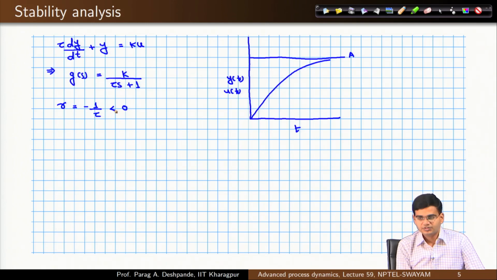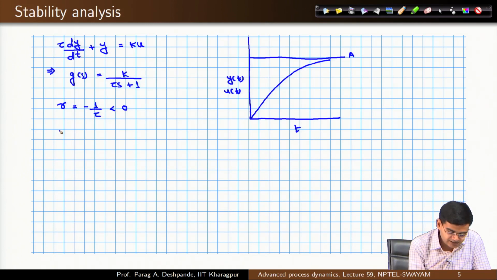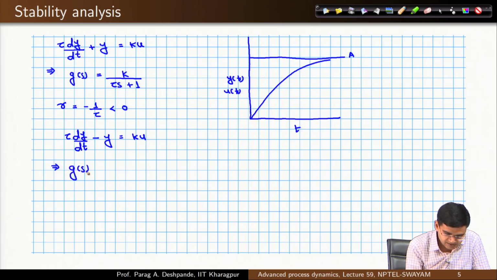I encourage you to find this out, that for an equation of the form tau dy by dt minus y is equal to k u, for which g of s would be k upon tau s minus 1, your r will become 1 over tau, which is greater than 0.